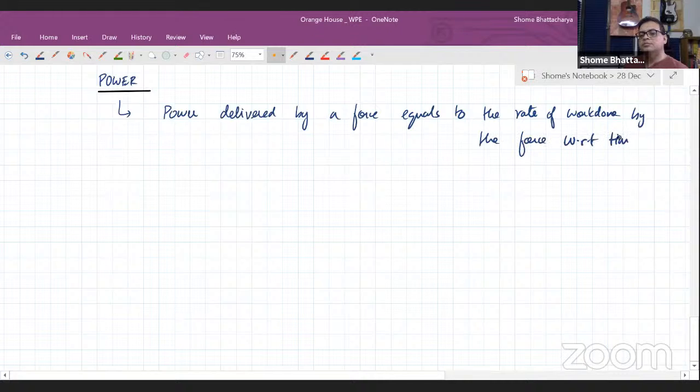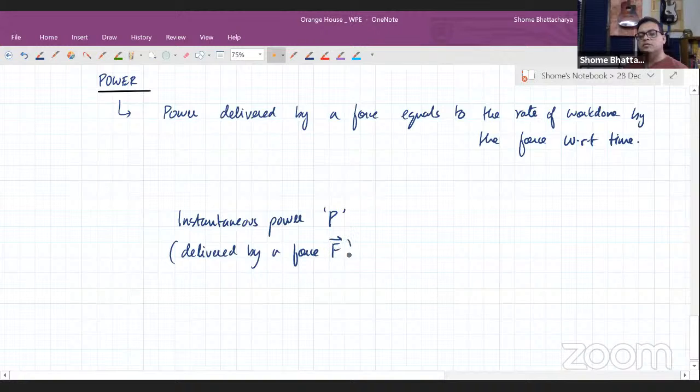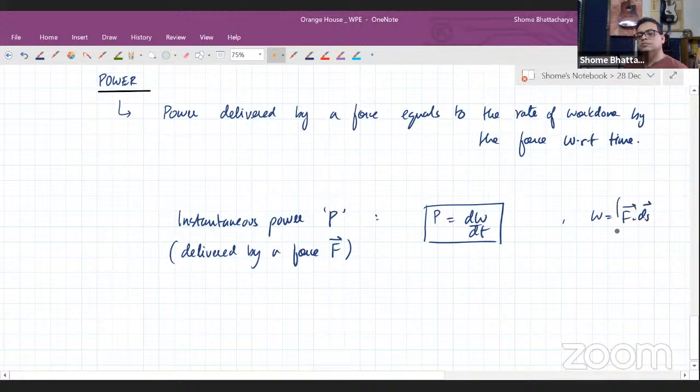with respect to time. So in other words, according to this definition, we can define instantaneous power P delivered by a force F. So this instantaneous power will be the instantaneous rate of work done with respect to time.